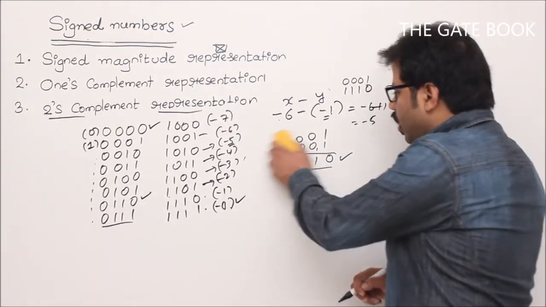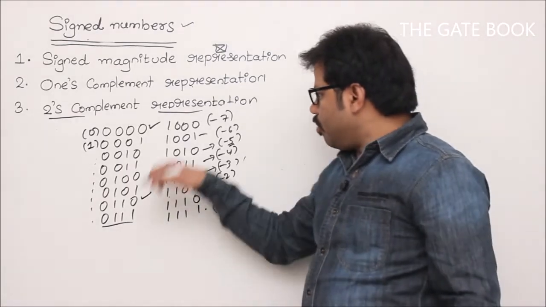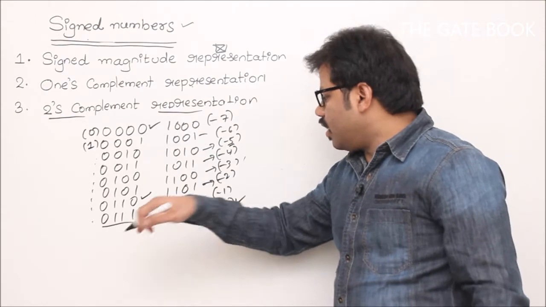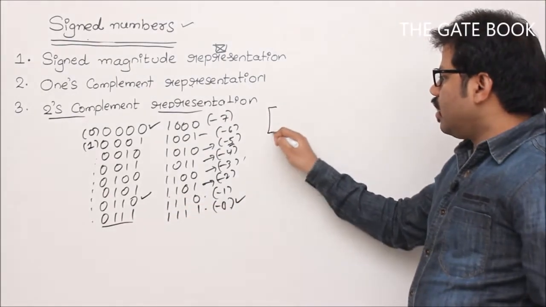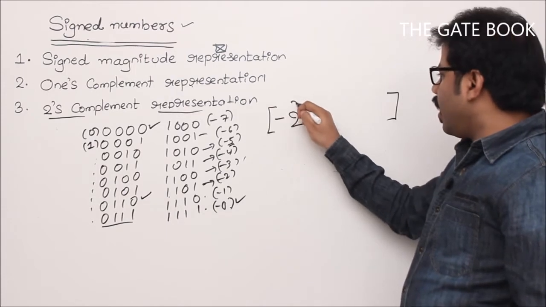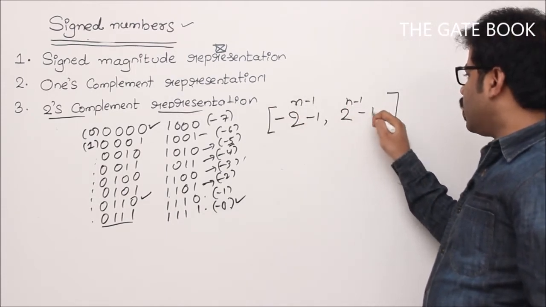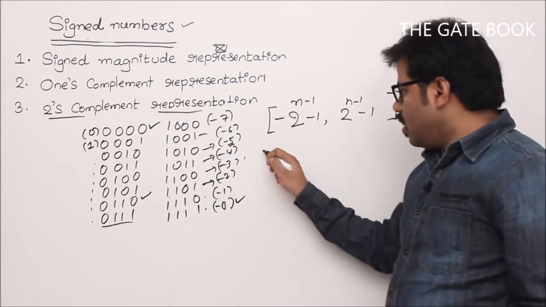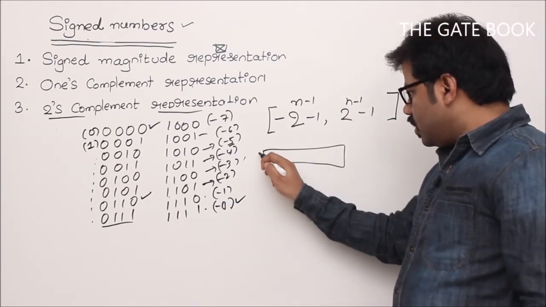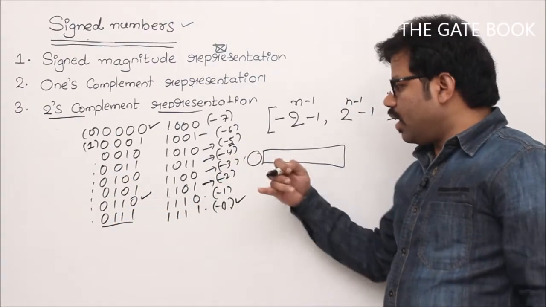Now I forgot to tell you the range of these one's complement numbers. If you see here, it will be minus 7 to plus 7, correct? So I can say that the range is minus (2 to the power of n minus 1, minus 1) to 2 to the power of n minus 1, minus 1. It's quite easy to understand, because when you have n positions, the first bit is for sign, so we are representing positive and negative.